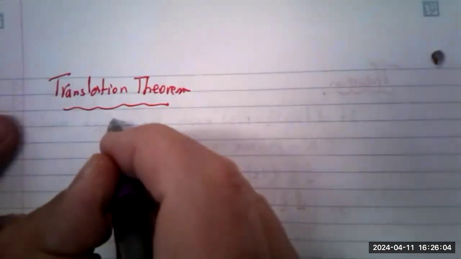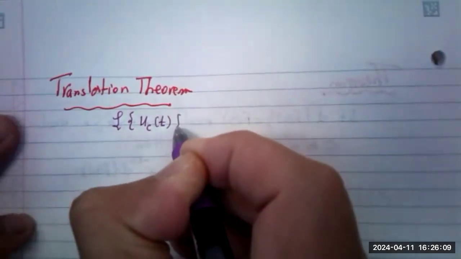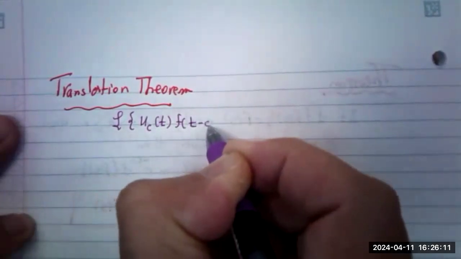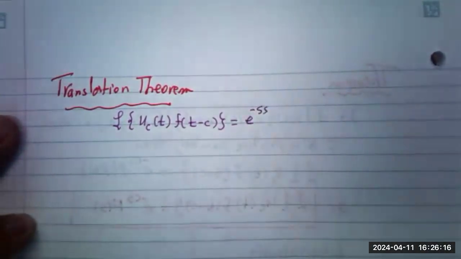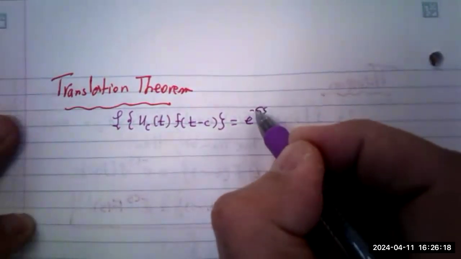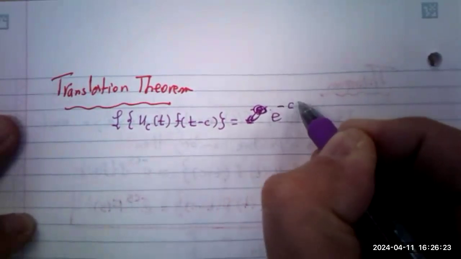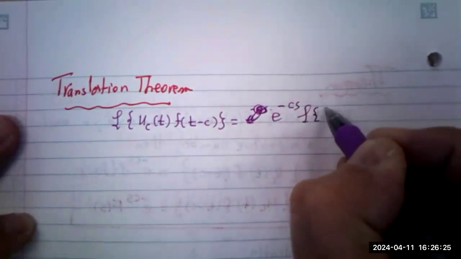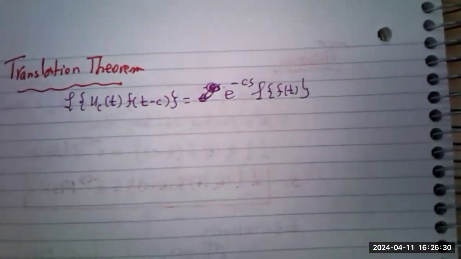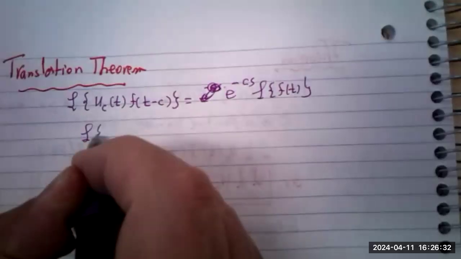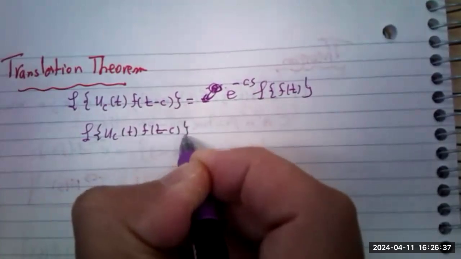So this means the Laplace transform of u_c(t) f of t minus c, when you shift it, is simply e to the negative cs times the Laplace transform of f of t, which is F(s).